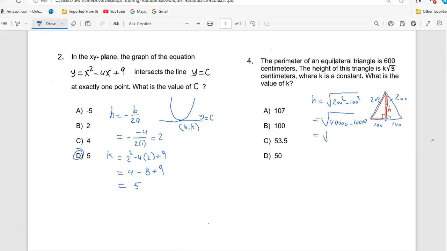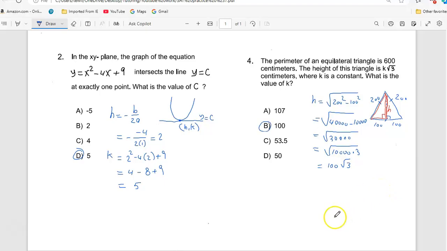That's going to give you the square root of 40,000 minus 10,000, which is the square root of 30,000, which you can simplify. Square root of 10,000 times 3. The square root of 10,000 is 100, times square root of 3. So the height is k radical 3, so the height is 100 radical 3, so k is 100. K is 100.